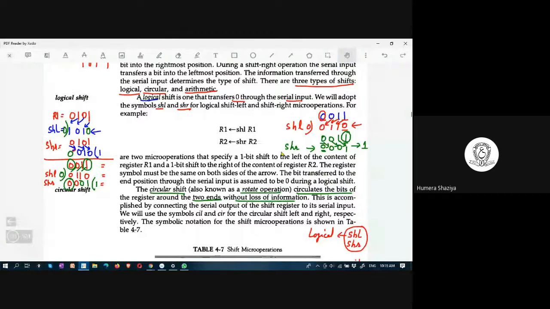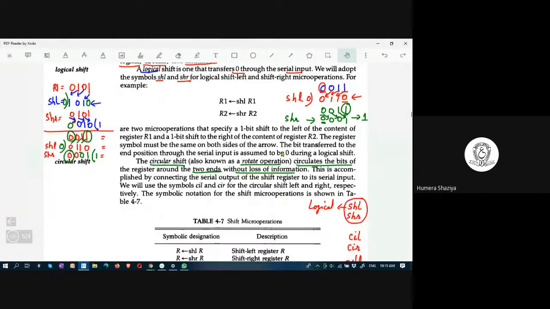How is it a loss of information? In shift left, this leftmost bit is lost. Lost means it is sent out. Here, this rightmost bit is sent out, so it is lost. So there is a kind of information loss.